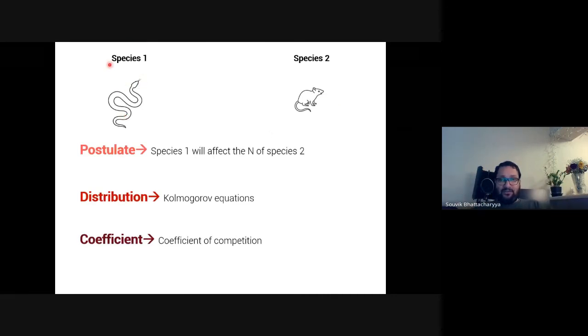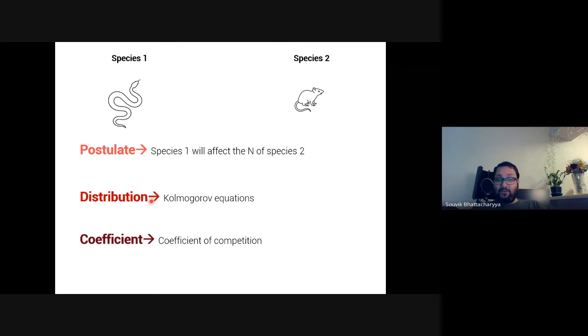There is a snake species and there is a rat species. Lotka and Volterra had these three things in their model. Postulate one was that species 1 will affect the population of species 2. So there is a competition, the predator-prey model. The number of rats will be affected by how many snakes there are.